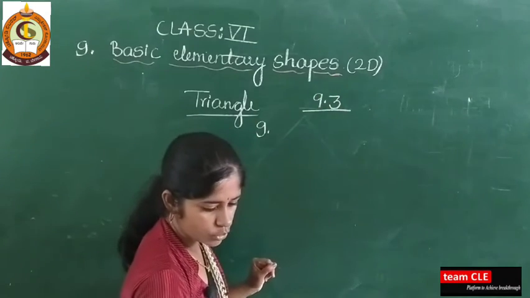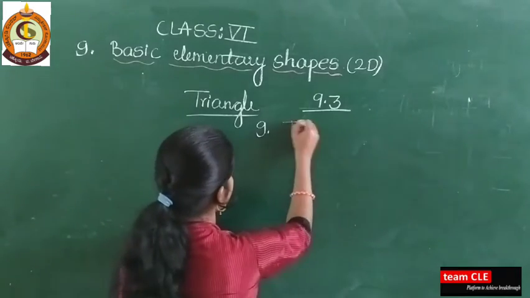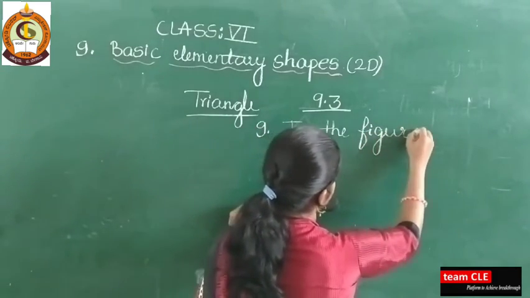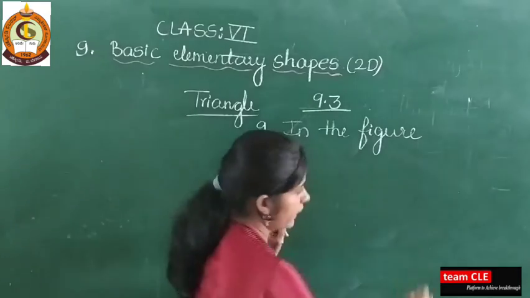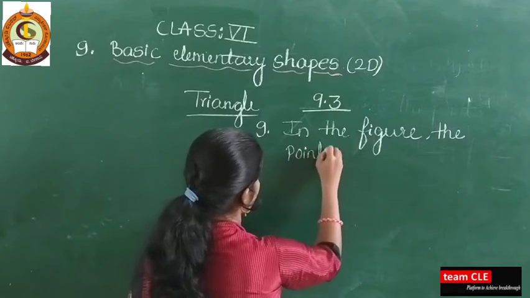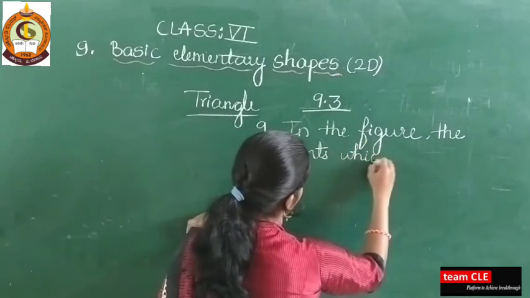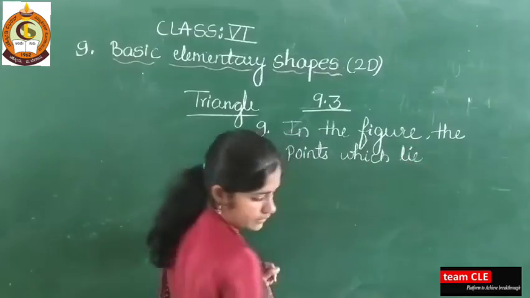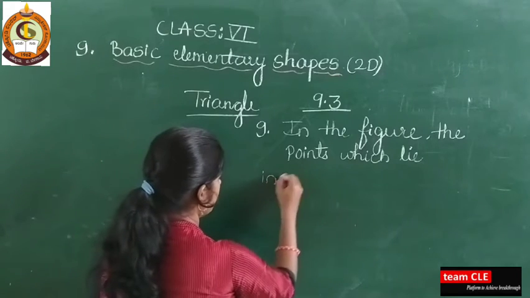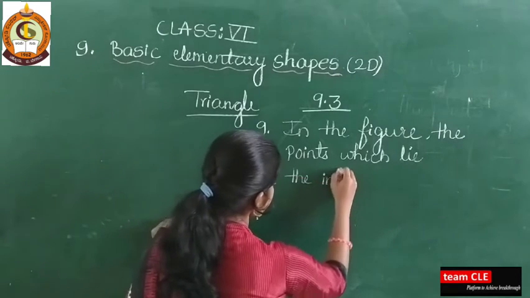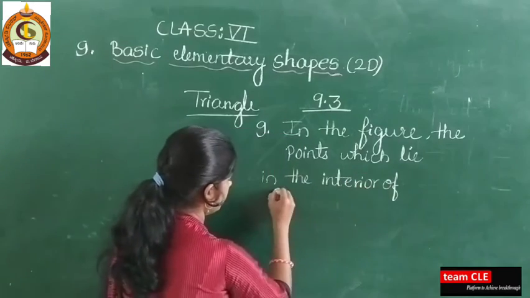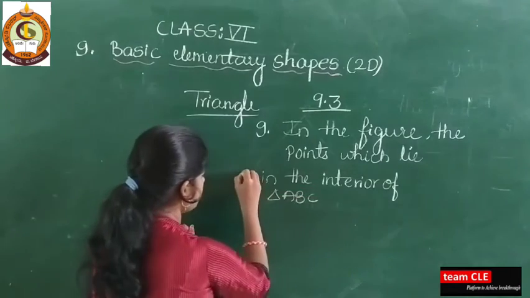The question is: in the figure, the points which lie in the interior of triangle ABC. Yes, that is the first question.